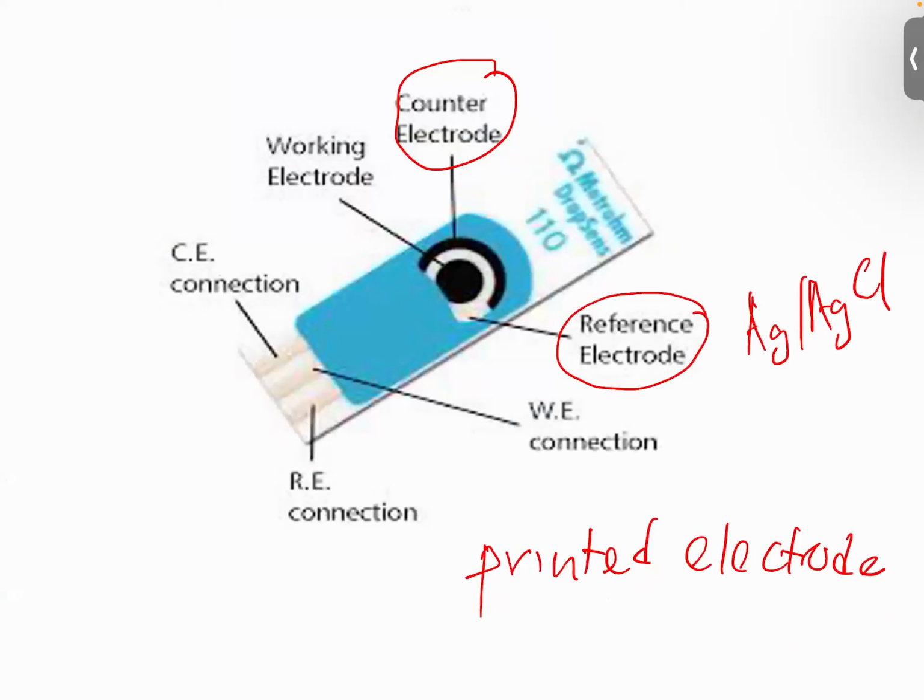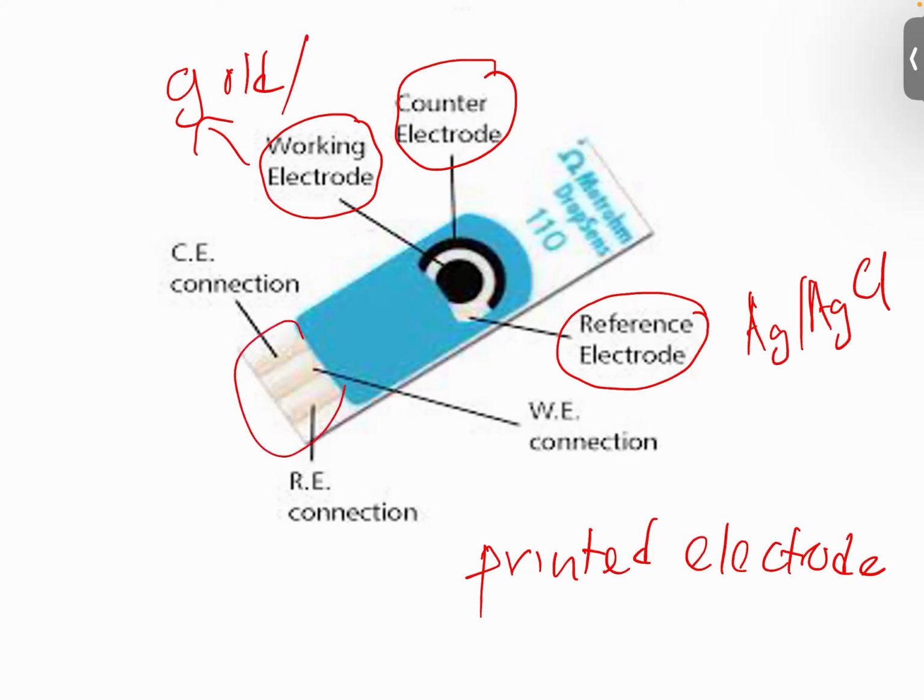Here in the printed electrode, the counter electrode is carbon, and the working electrode here is also carbon. But the working electrode can be other things, like gold, and different types of material. It's up to you; there is a series of options, and it depends on the application. Usually we use gold and carbon. Carbon has a very high conducting current, but it has some disadvantages.